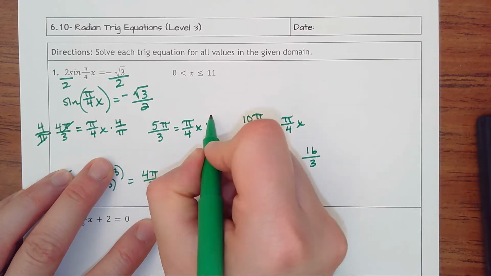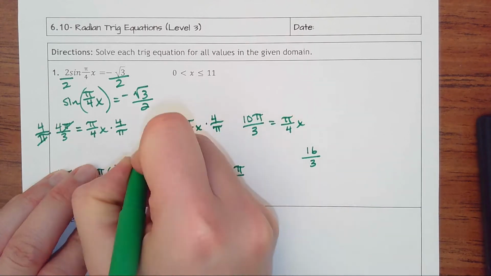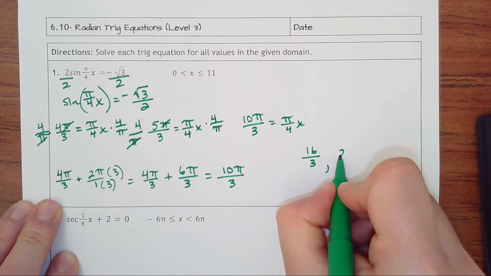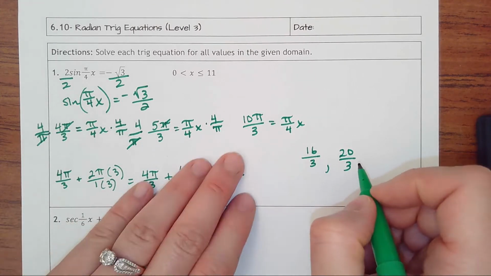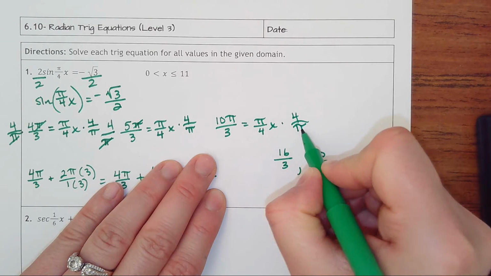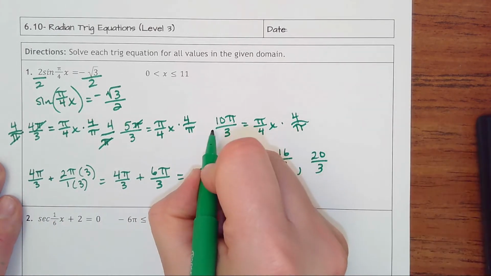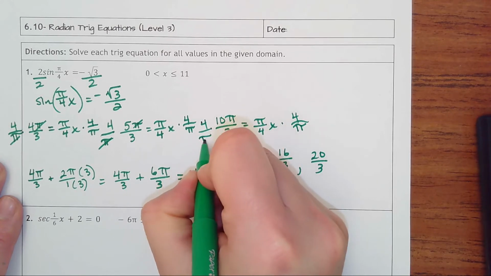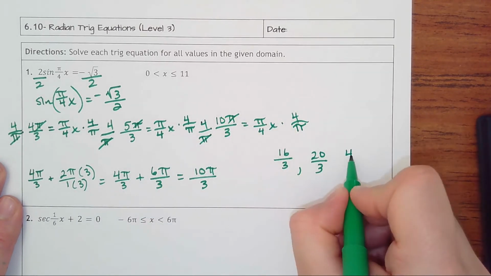I get 20/3 as an answer. And then on this one, I keep getting my division sign and my pi switched up, times 4 over pi, 40/3.